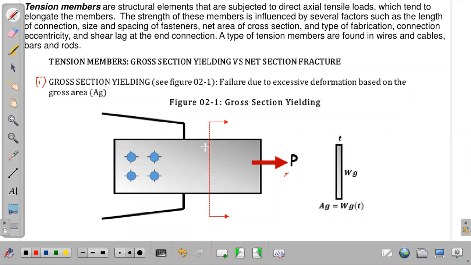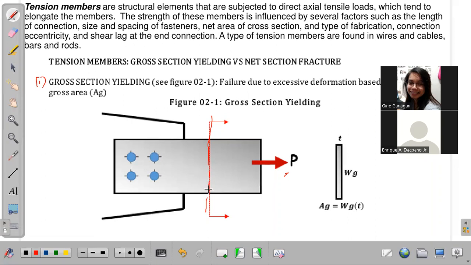So from the moment na nag-fail yung plate natin, pagka nag-apply kayo ng force dyan, ito yung magiging failure natin. Okay? So ang tawag dyan is yung ating gross section area. Pag nag-apply tayo ng force dito, tapos nag-fail siya dito, ang tawag dito is yung tinatawag nating gross section yielding. Okay?